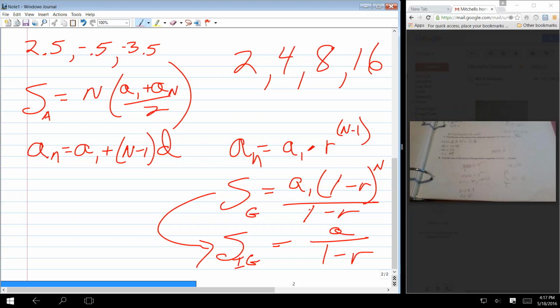Hold on. So there's the sum of a finite arithmetic, sum of a finite geometric. The n goes only there. And that's probably what you were trying to tell me. I just wasn't listening.